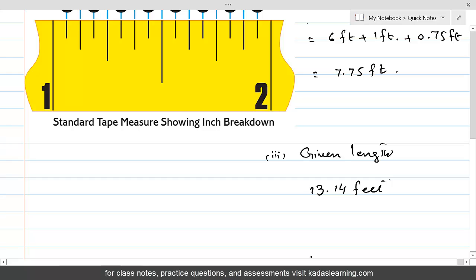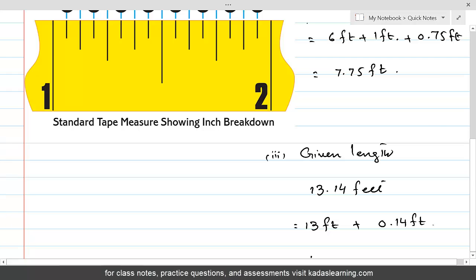Now, of course, 13 is the number of feet, but the 0.14 can be converted into inches. So this will be 13 feet plus 0.14 feet.